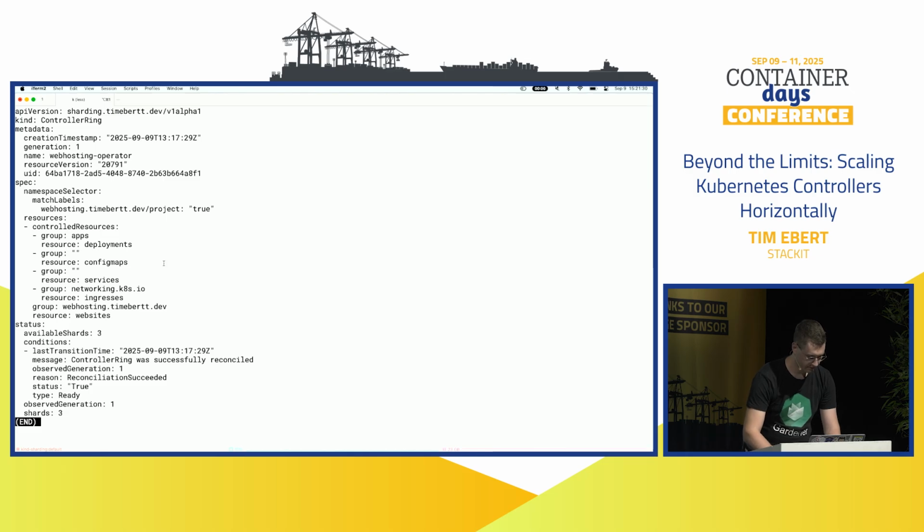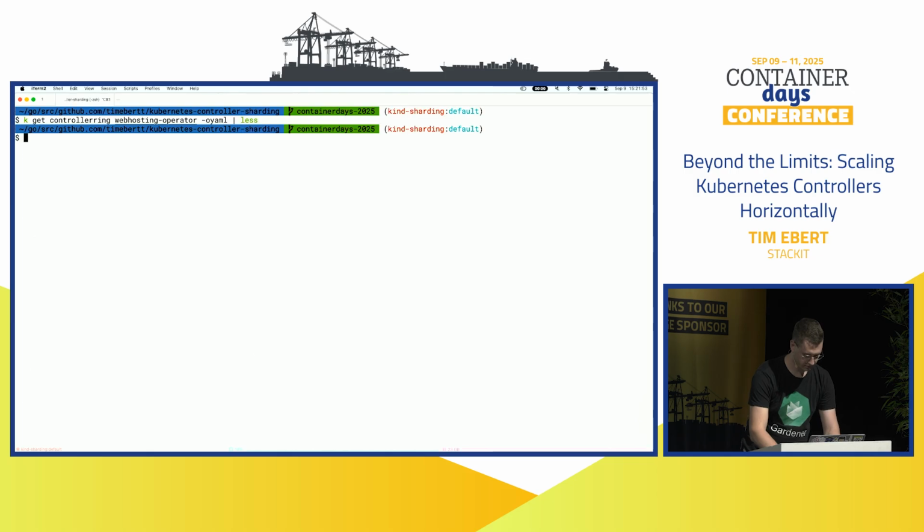So this one specifies a list of resources that the controller is responsible for. In our case, it's the website's resource. And for websites, the controller creates more resources like deployments, config maps, and so on that reference the owning object via an owner reference. So that's why it's called controlled resources.